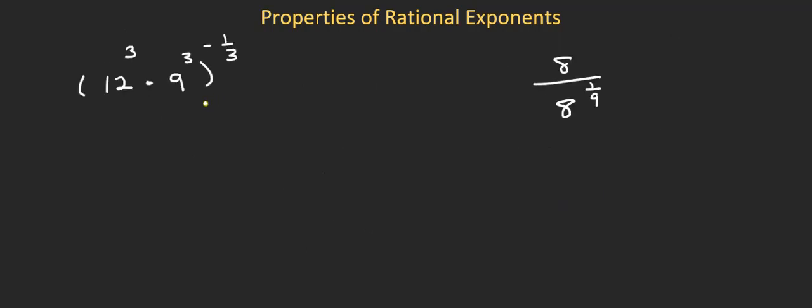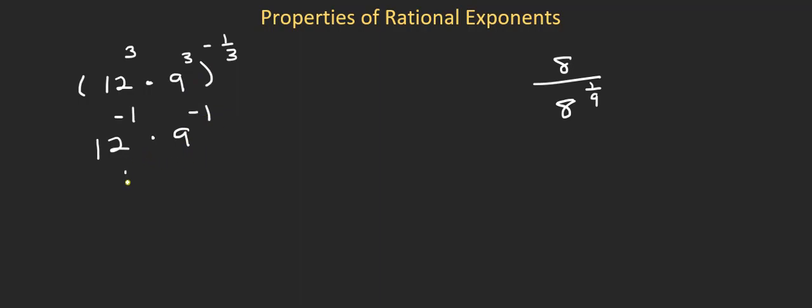Let's take a look at the example right here. This is similar to what we did last time. Again, you cannot multiply these two because this is a base of 12 and this is a base of 9. But we do have an exponent outside. So you will get 12 to the 3 times negative 1/3, which is negative 1, times 9 to the negative 1.